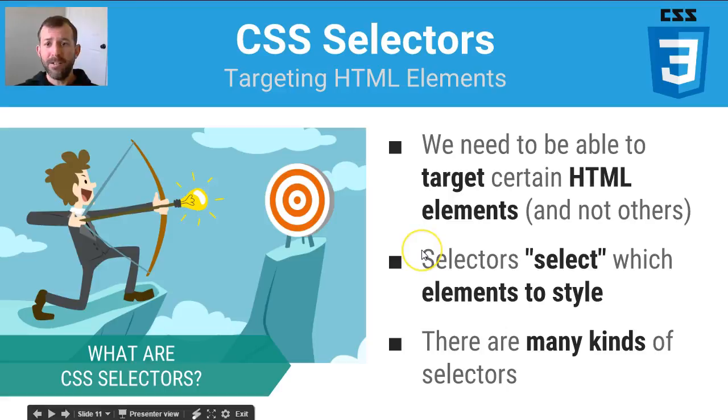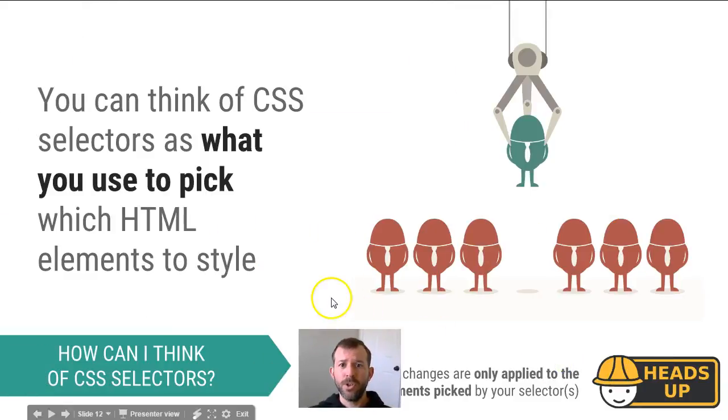So you're basically picking, what do I want to style? And there are many different types of selectors that allow you to really control what gets set, when, and how. So you can think of CSS selectors as how you pick the elements that you want to style.